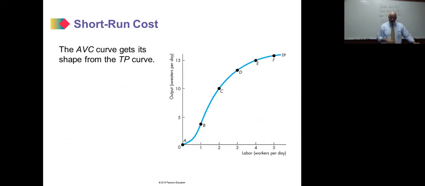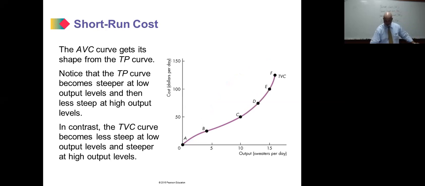So the average cost curve gets its shape from the total product curve. So again, as we increase variable cost, total cost and average cost are going to start to increase. Now, the total product curve becomes steeper at a low output level, less steep at high output levels.